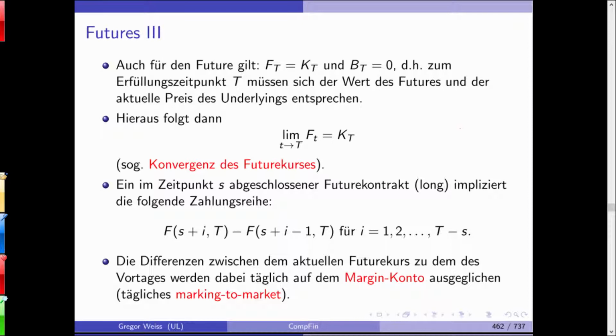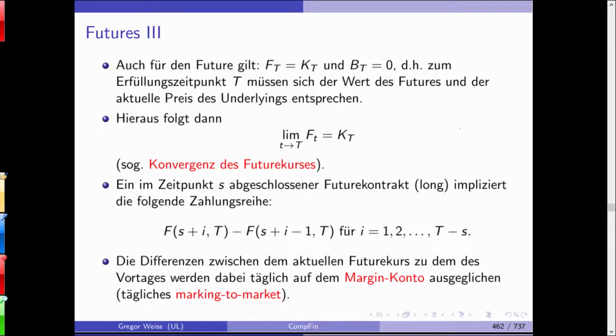And in the end, it's quite simple. If you have a future contract that runs 2 days, I make a profit of 5 euros today and 5 euros tomorrow. If the future prices change, 5 euros yesterday and 5 euros today, my profit from this future contract will be the sum of all those daily profits and losses.